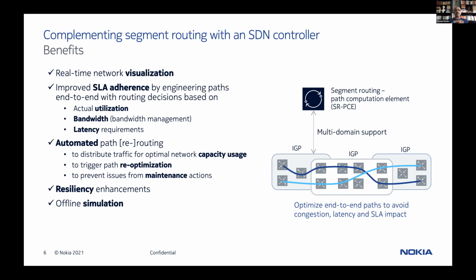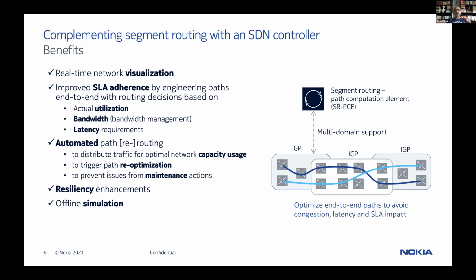Now, there are a number of benefits to this. One of the benefits is that instead of having a limited view of the network as every router in a distributed routing network does, we now have a global view of the network. And this is important when you think about things like IGPs. We are confined to the information that we can glean from the LSAs and the LSPs that are in the area that we're in.